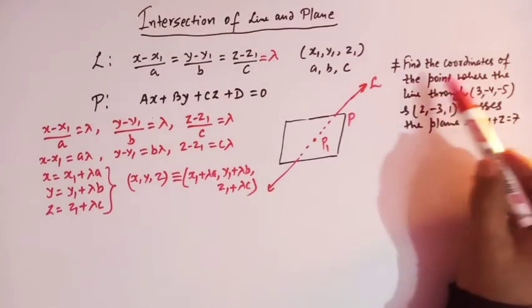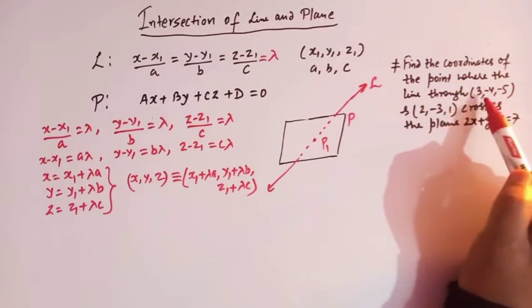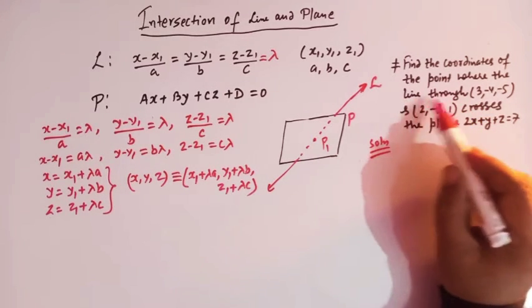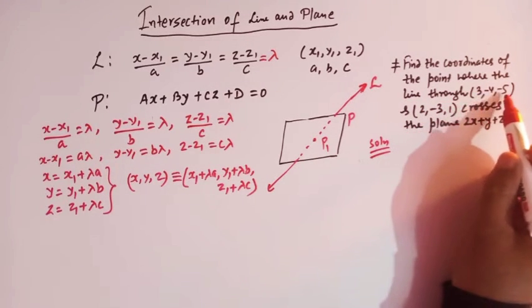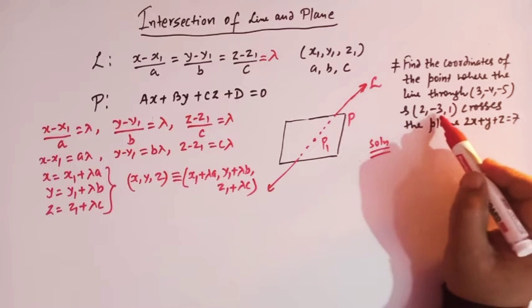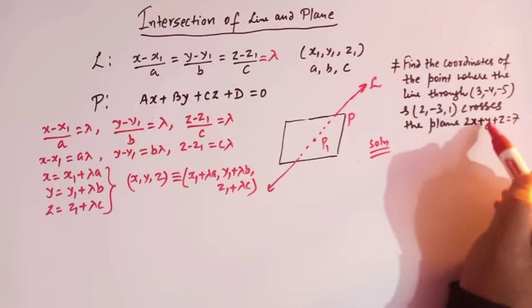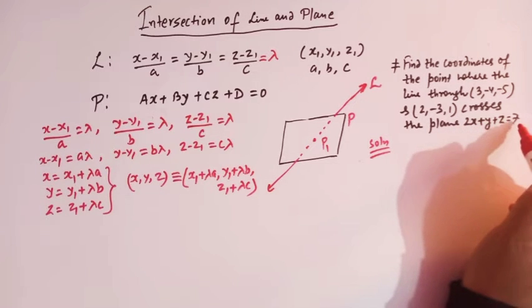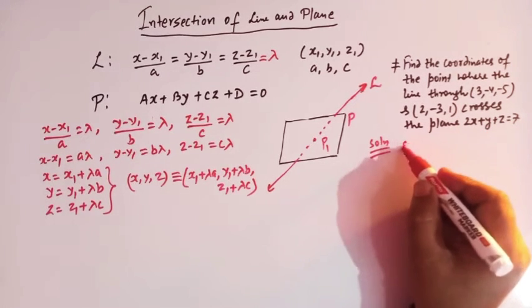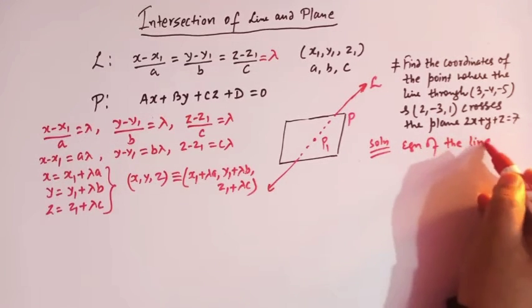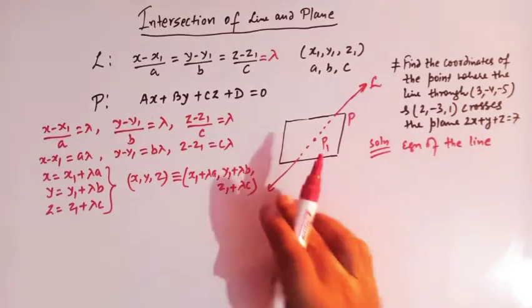So find the coordinates of the point where the line through... So here we have a line which passes through (3, minus 4, minus 5) and (2, minus 3, 1) and crosses the plane 2x plus y plus z equal to 7. So here we have to first find the equation of the line which passes through these 2 points, right?